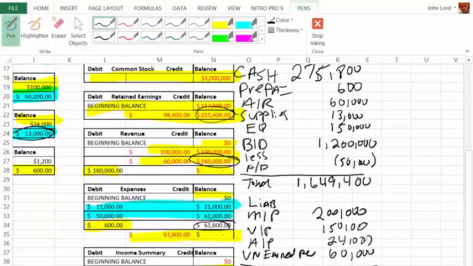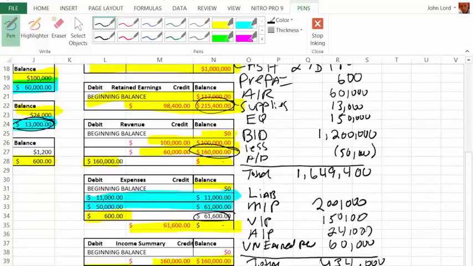Okay, and the total, I'm out of space here down at the bottom. No, I guess I got a little bit left. The total of my stockholders' equity then is how much? 1,215,400? Okay, good.